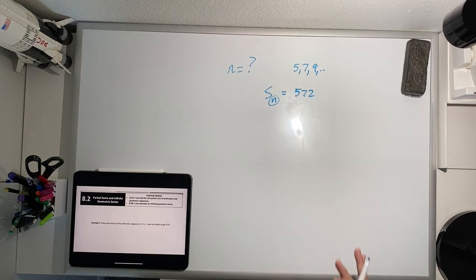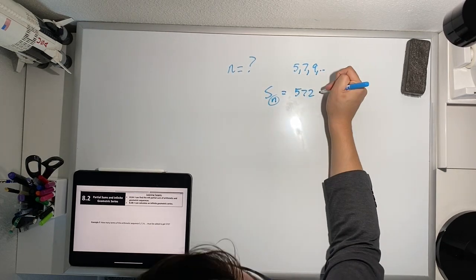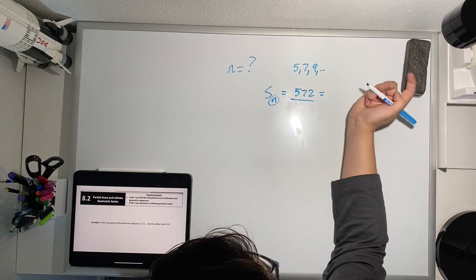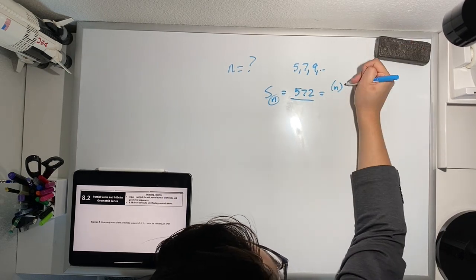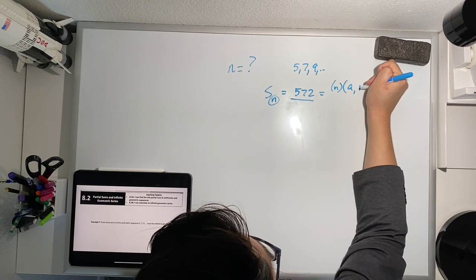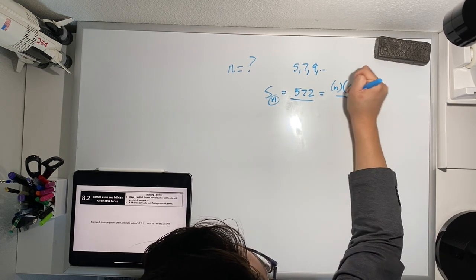Okay, so this problem's a little backwards. We're looking for n. We already have our sum. Well, we know that the nth partial sum, in this case 572, equals n times a1 plus an, all over 2.